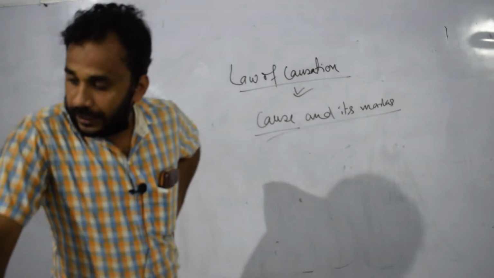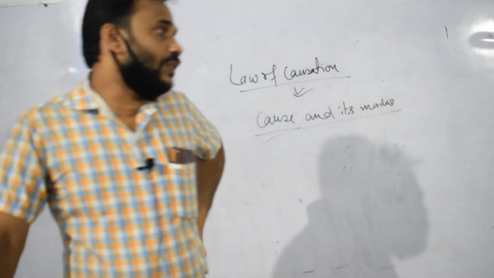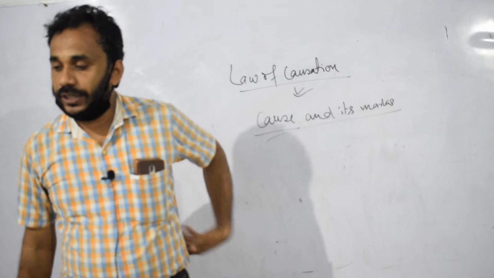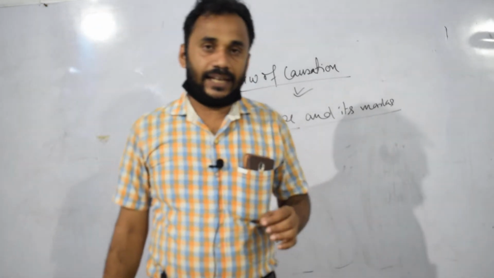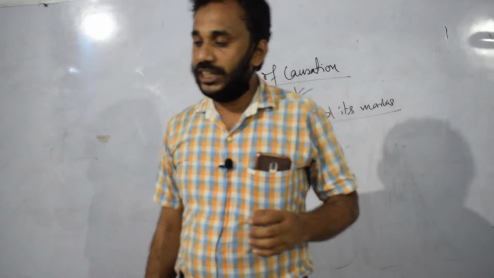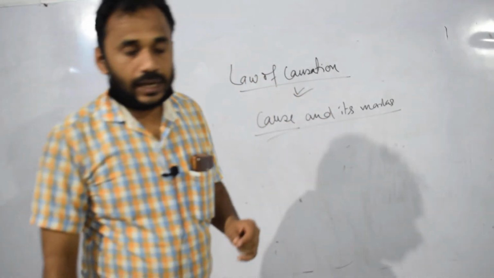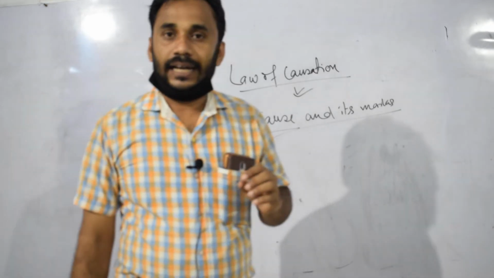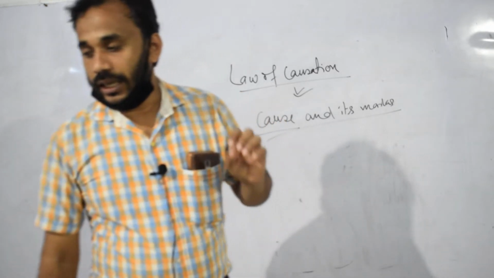First of all, according to J.S. Mill, the first definition is: a cause is the invariable unconditional antecedent of the effect.